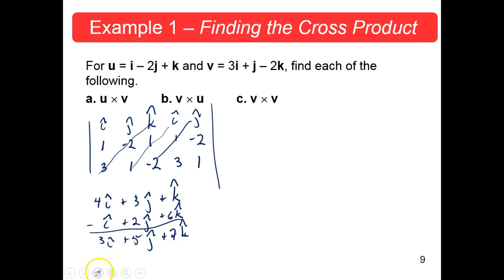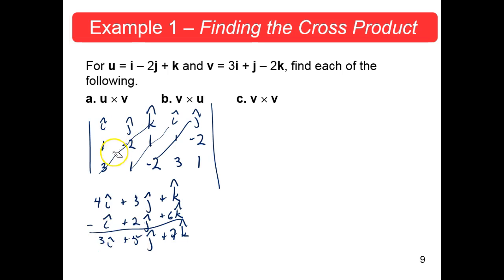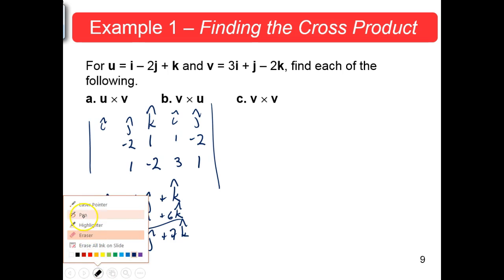All right. Now, like I said, the order matters because the next one, now I'm going to erase what we got here. Well, actually, let's make it a little smarter. We'll keep the form here, but we're going to reverse the 2 vectors. Now we're going to do the B part, which is V cross U. So we'll swap and make this 3 and 1.